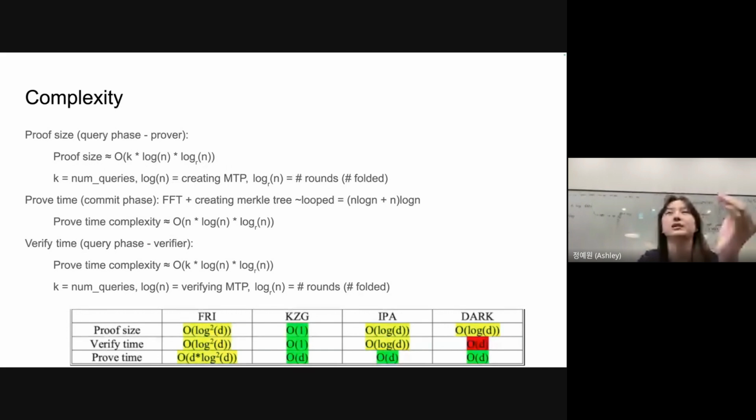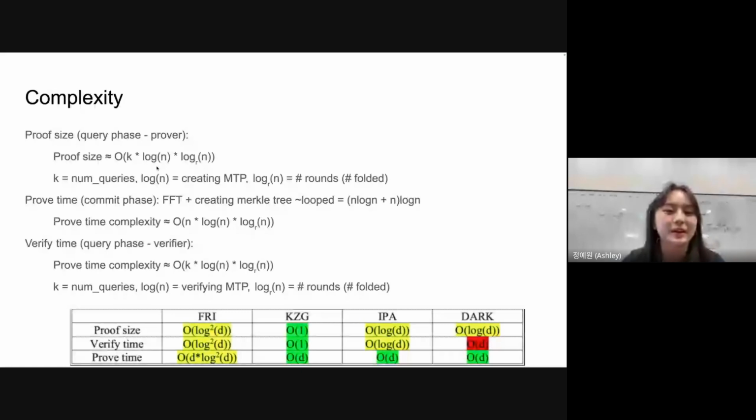In our case, it's by 2 every time, but there are other cases in the Fri protocol. So that's why they have log squared, I suppose. I think we don't have to fix k to 1, because even if k is another constant. Oh yeah, I see. But that's how it works for proof size.